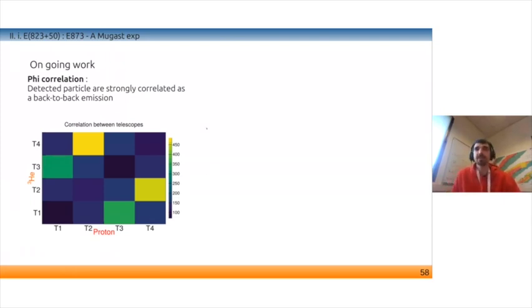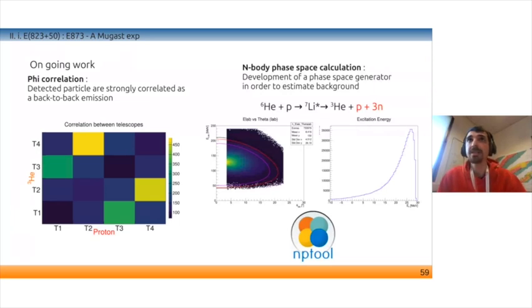But also, as I mentioned before, we really need to know how large the background is, and we have to evaluate the background in order to determine if there is or not an isobaric analog state in the region of interest. And so a huge development of n-body phase space calculation is ongoing in order to estimate the background.